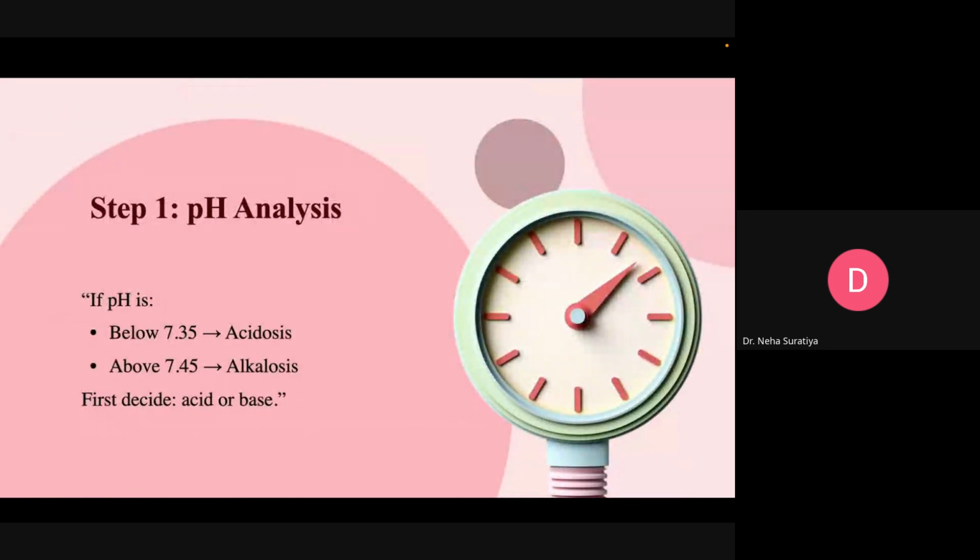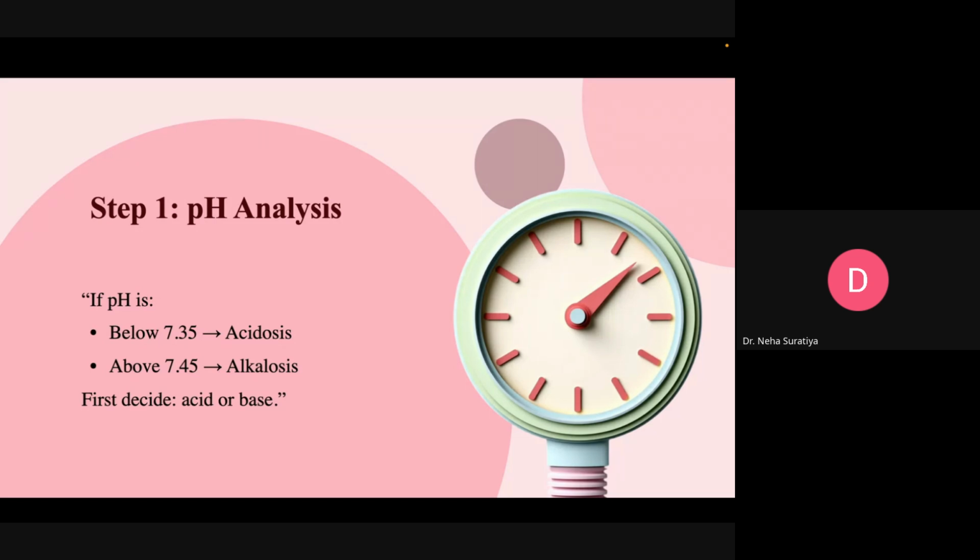Step one is pH analysis. Step one is very important, and it assesses the whole pH value. The normal range of pH is 7.35 to 7.45. If the pH is below 7.35, it suggests an acidosis situation. If it is above 7.45, then it suggests alkalosis.